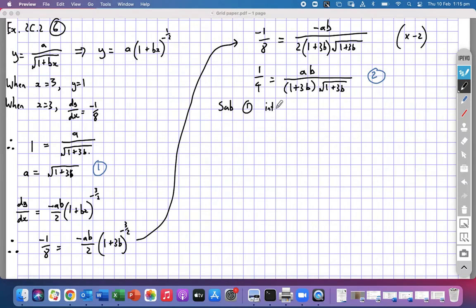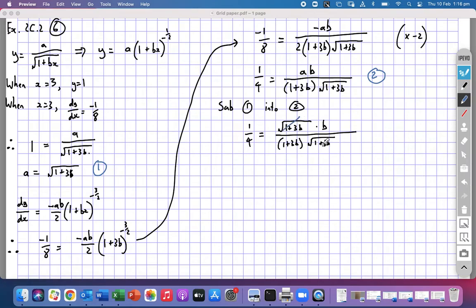Sub 1 into 2, because I can see that cancellation is going to come up. So we would have 1/4 equals the square root 1 plus 3b times b on 1 plus 3b times the square root of 1 plus 3b. So this is the cancelling I'm talking about here.